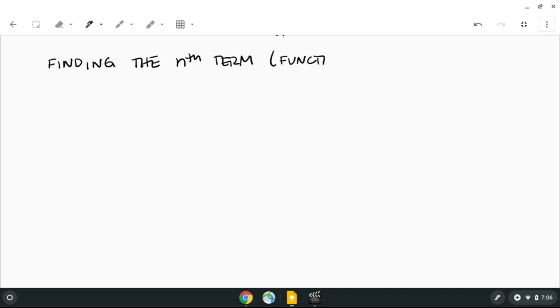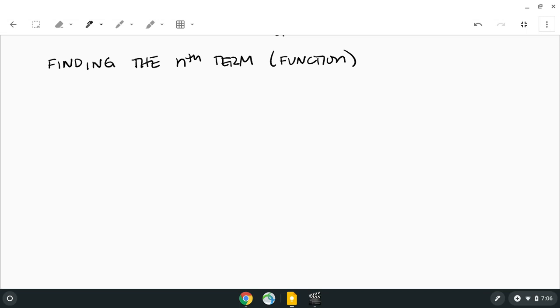Okay, so let's take a look at finding the nth term, or finding the function. When you see that, you're basically looking for the sequence's function.